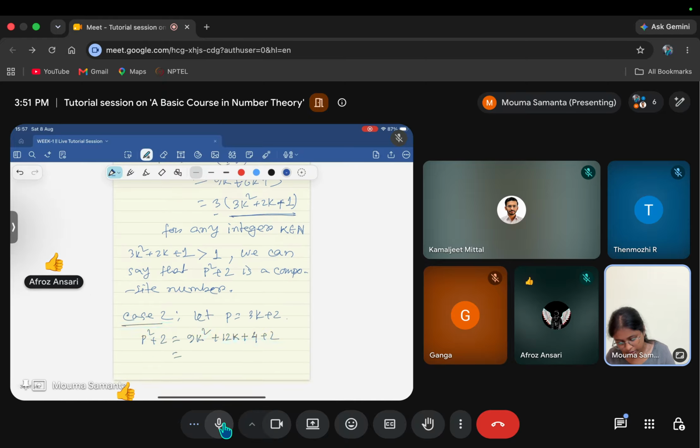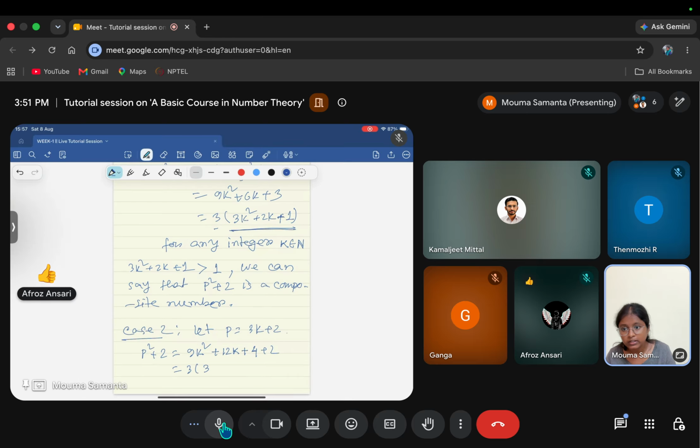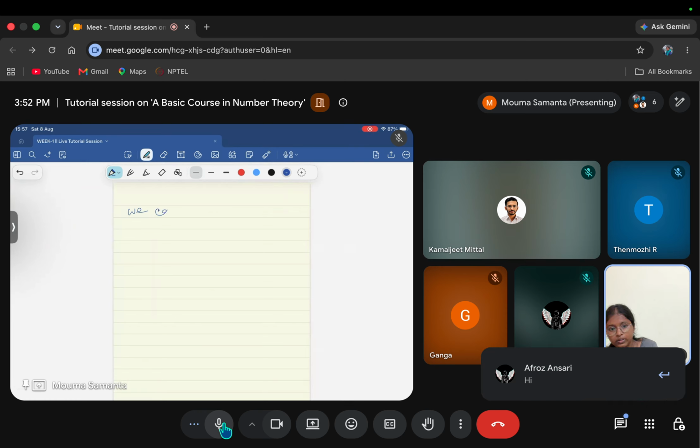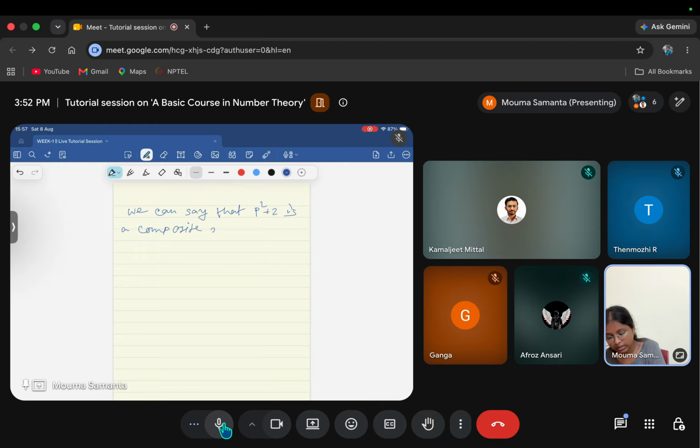That means we can write it as 3 times (3k square plus 4k plus 2). And similarly, since 3k square plus 4k plus 2 is greater than 1 for all k belonging to n, we can say that p square plus 2 is a composite number in this case also.